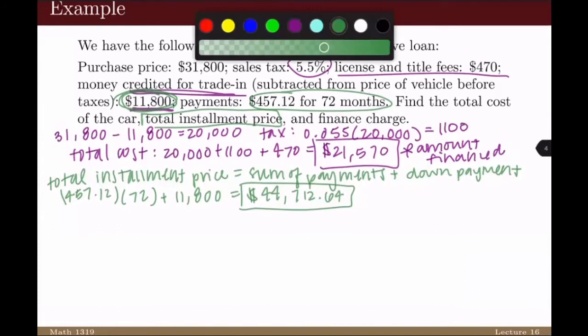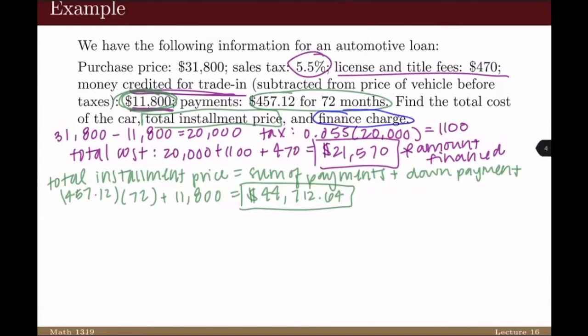The last thing we are going to do is find this finance charge. The finance charge is equal to the total payments minus the cost of the car.